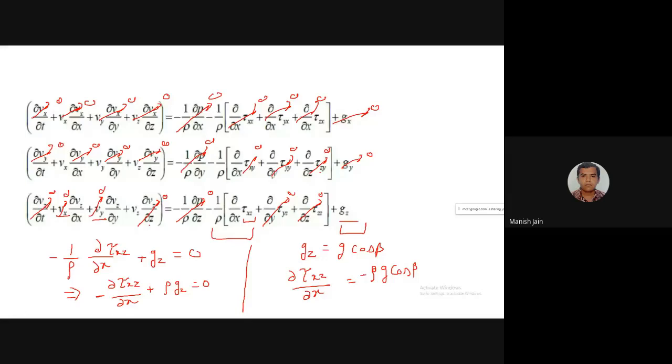Now just integrate this. You will get tau xz equal to minus rho g cos beta x plus C1. Now till this equation the problem will be the same.